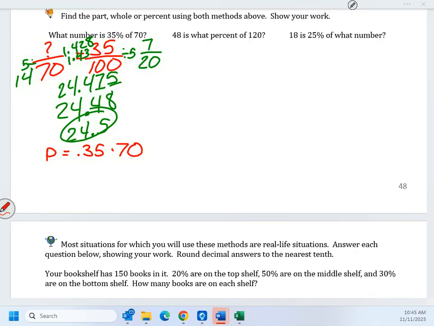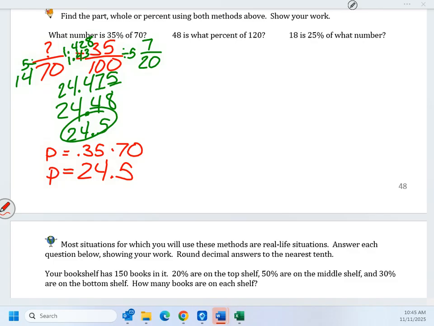What number is that smaller percent of 70? So P equals 0.35 times 70. What is P? Finley? 24.5. We get the same answer.